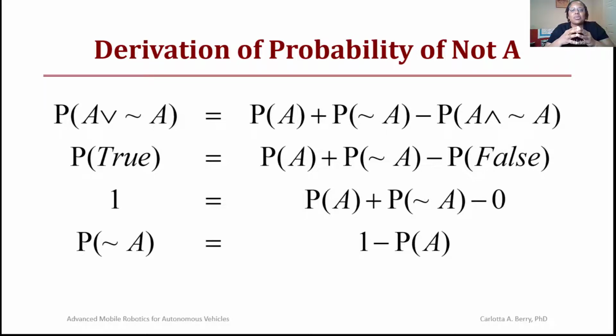And that's equal to the probability of A plus the probability of not A minus the probability of false, because you cannot have A and not A. So then we would write that as 1 equals the probability of A plus the probability of not A minus 0. So finally we get something that hopefully we all knew from probability already, that the probability of not A is equal to 1 minus the probability of A.